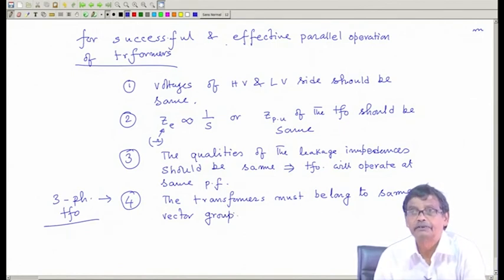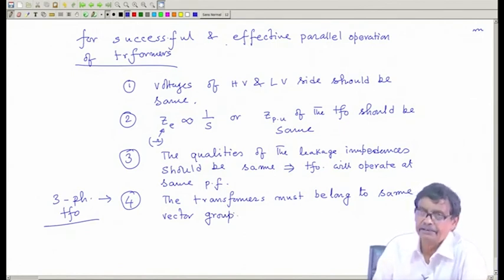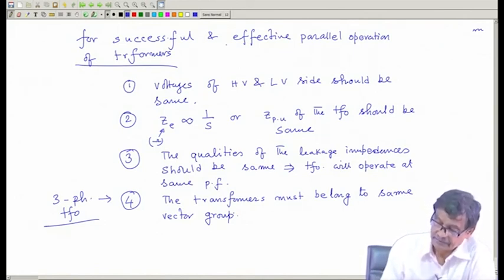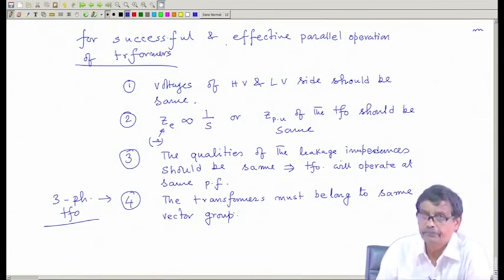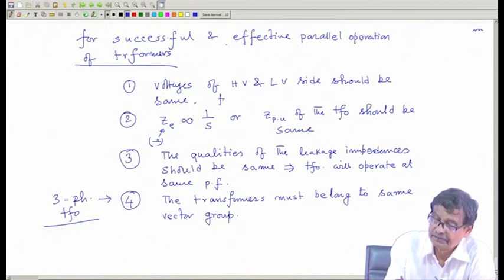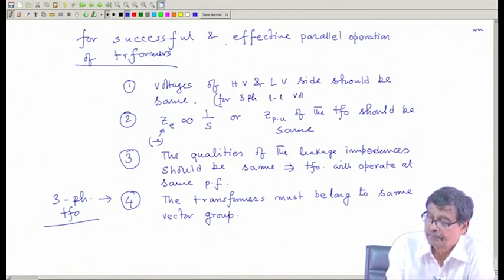What is the vector group? Plus 30 degree or 11 or 1, which means that, are you getting, the line to line voltage rating should be same. Here I have written simply voltages of HV, LV side should be same. For 3-phase, line to line voltages should be same, voltage ratings.